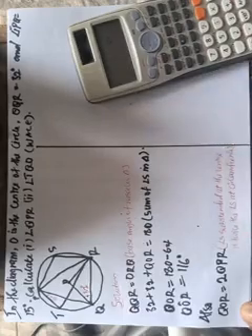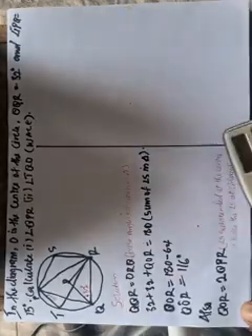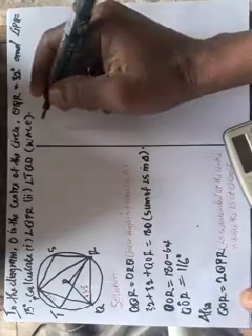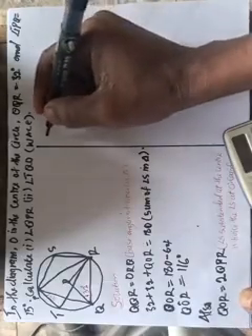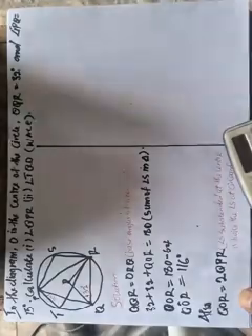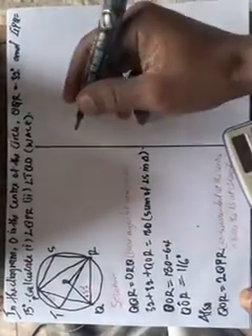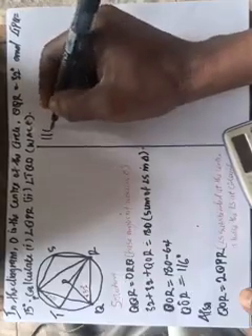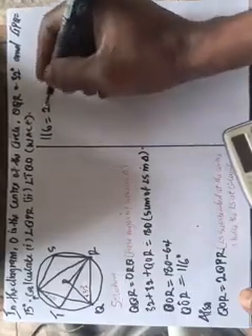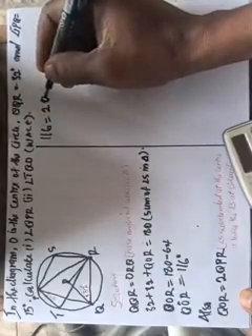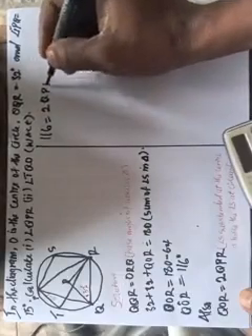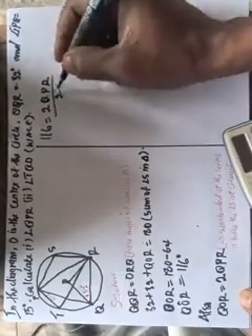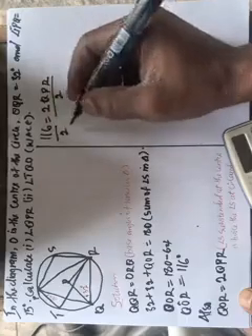So if that's the case, we can simply say 116 equals 2 times QPR.